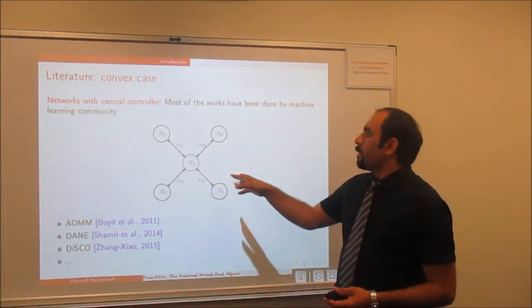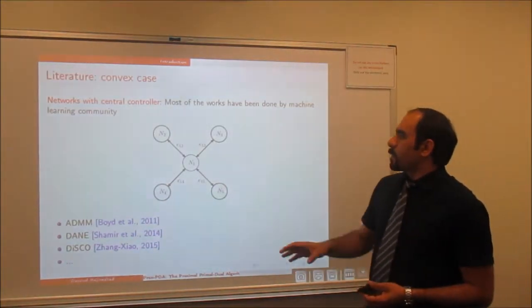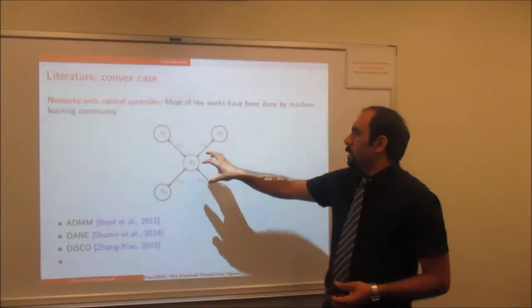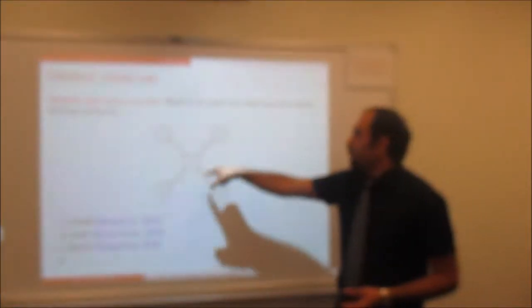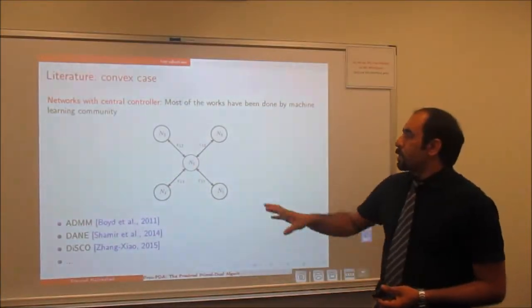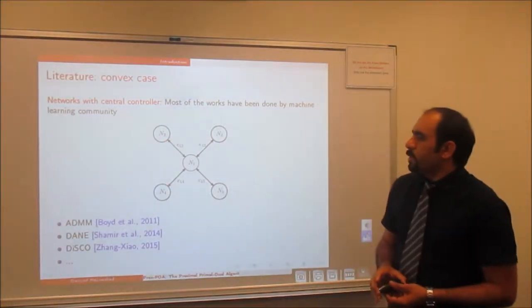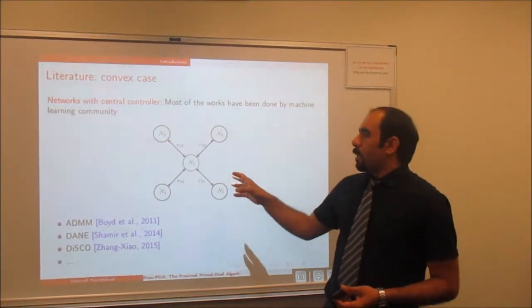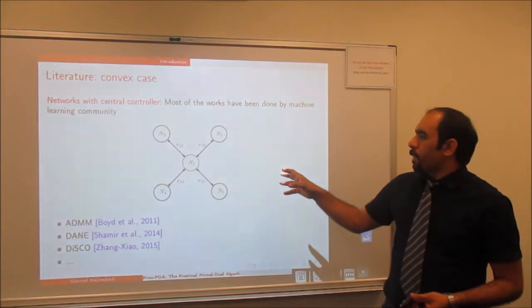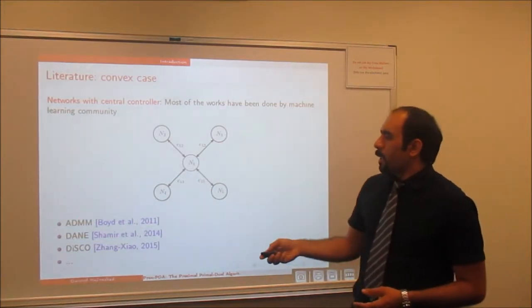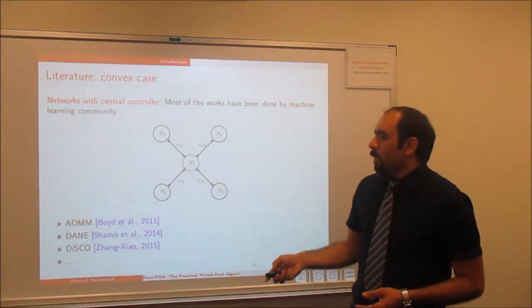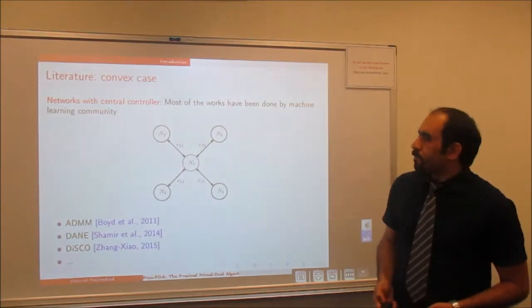And another network topology is a network in which we have a central controller. This is more popular in the machine learning community, and there are some algorithms for this type of network, like ADMM, DANE algorithm, and DiSCO algorithm.